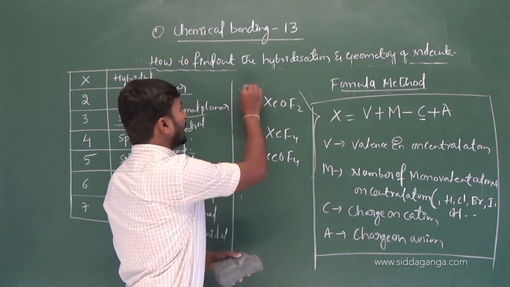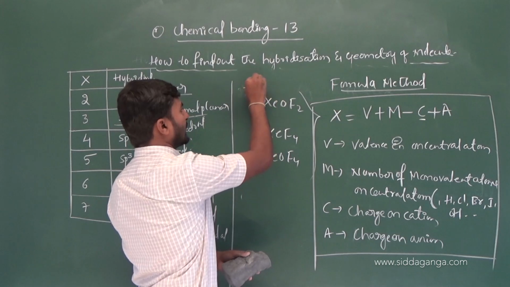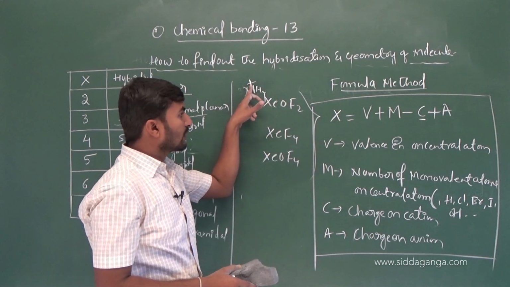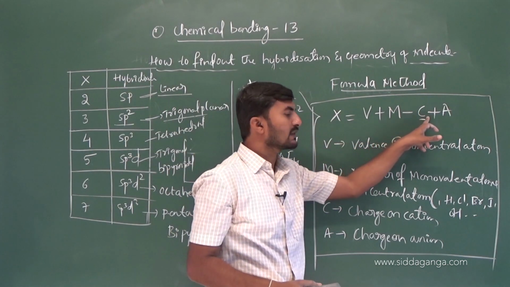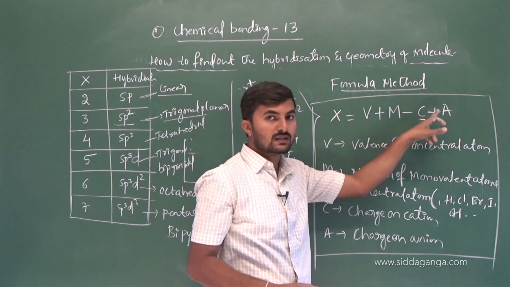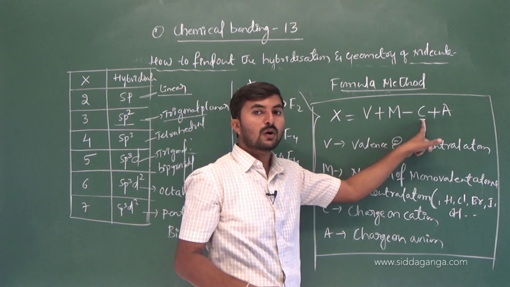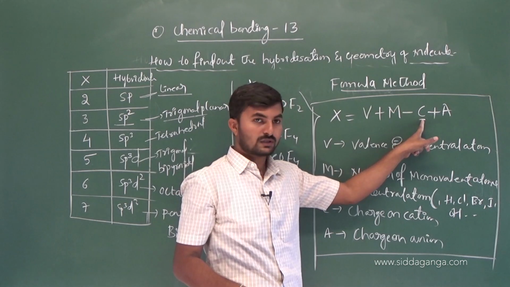If they have given an example like NH4+, you have to subtract one electron, minus C. The number of positive charges present should be subtracted.